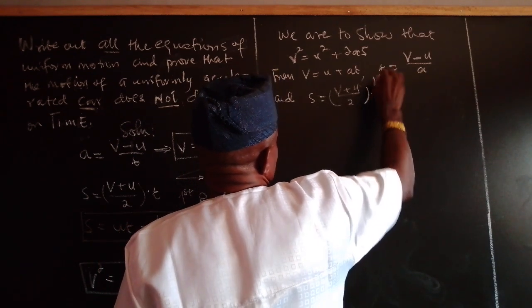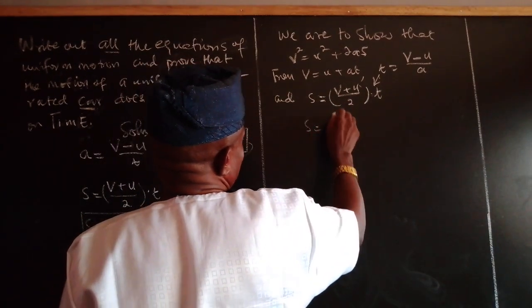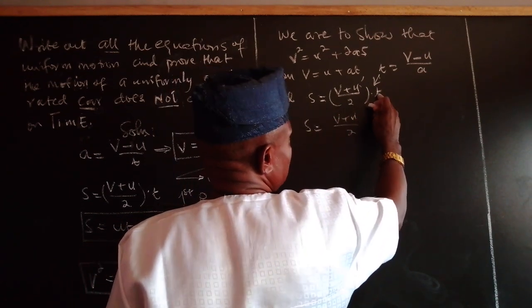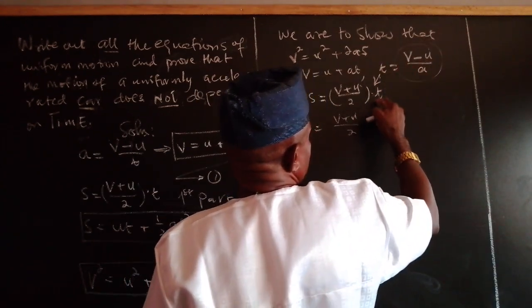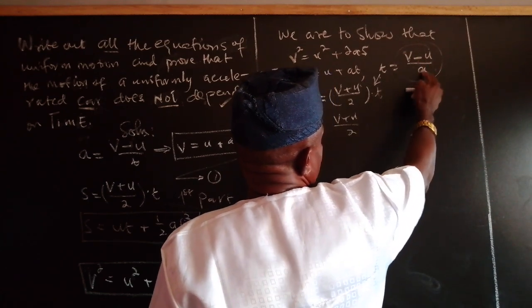So we bring this one in place of this, into this equation. If we do that, displacement is equal to v plus u over 2. Instead of writing this time down, you bring all of this in place of this time because we say time is equal to v minus u divided by a.